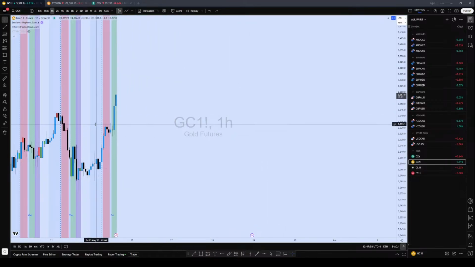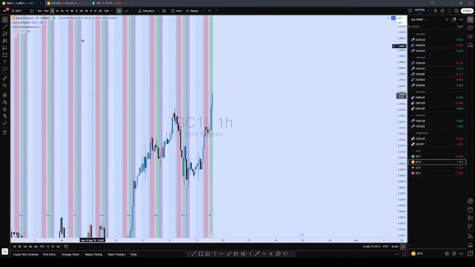Now I'm not saying it's not going to work, don't get me wrong. I'm saying there's a high probability it might not work. So you can take them, but just know that it's a high probability it might not work.